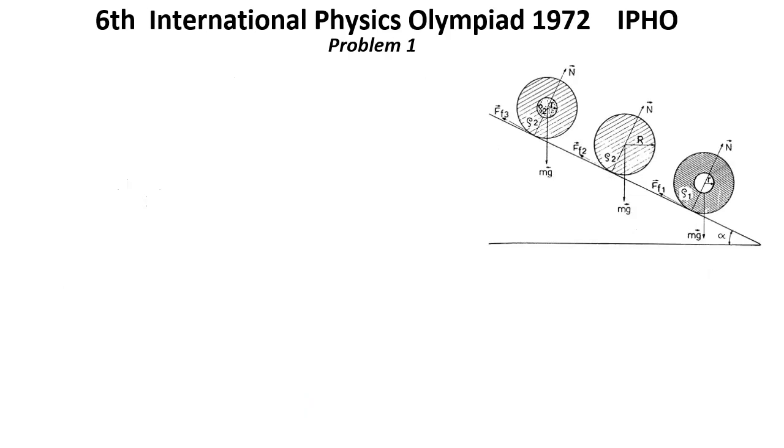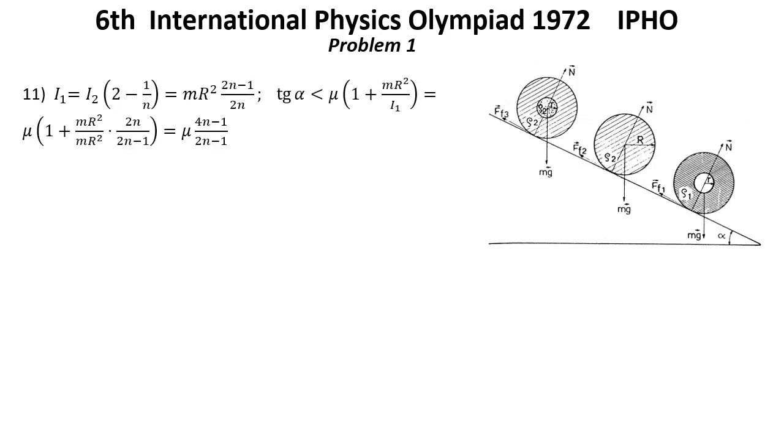In the case of the cylinders from this problem, the condition necessary to show that none of them slides is obtained for maximum I. So we have I1 equal I2 multiplied by 2 minus 1 over n, which is equal m R square multiplied by 2n minus 1 over 2n.